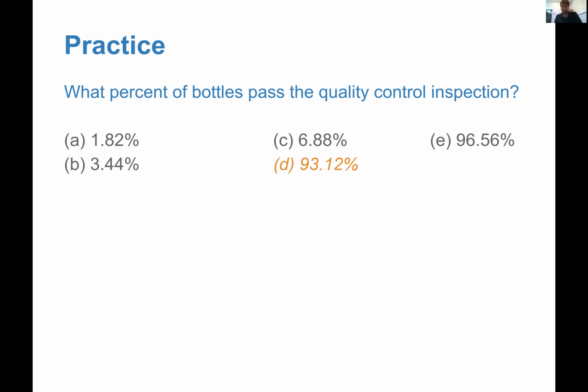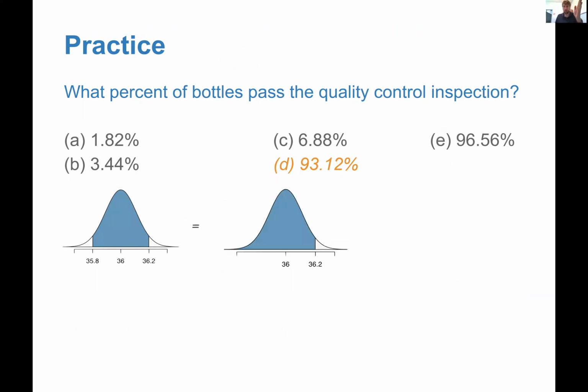Well, let's check. We're looking at the good region in the middle. That's the percentile of the upper number minus the percentile of the bottom number. That gives us the middle, right?